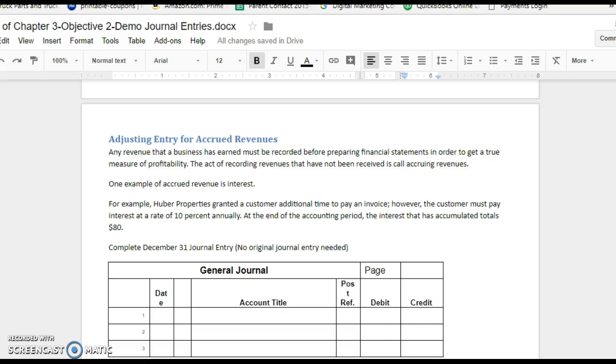So we're going to debit accounts receivable because our customer owes us that interest, and that interest would be revenue to us, so we would credit interest revenue for $80.